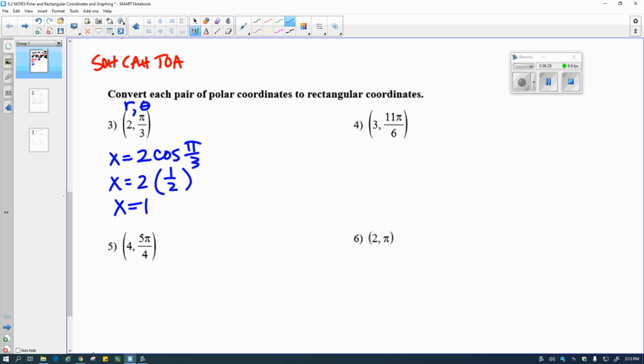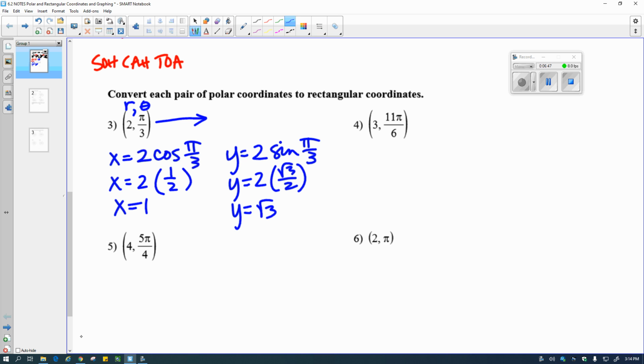Go through the same process for y. y is r sine theta. And so my y is 2 times the square root of 3 over 2. When I do my simplifying, I get just the square root of 3. So my polar coordinate gets converted into a rectangular coordinate that is 1 comma the square root of 3.